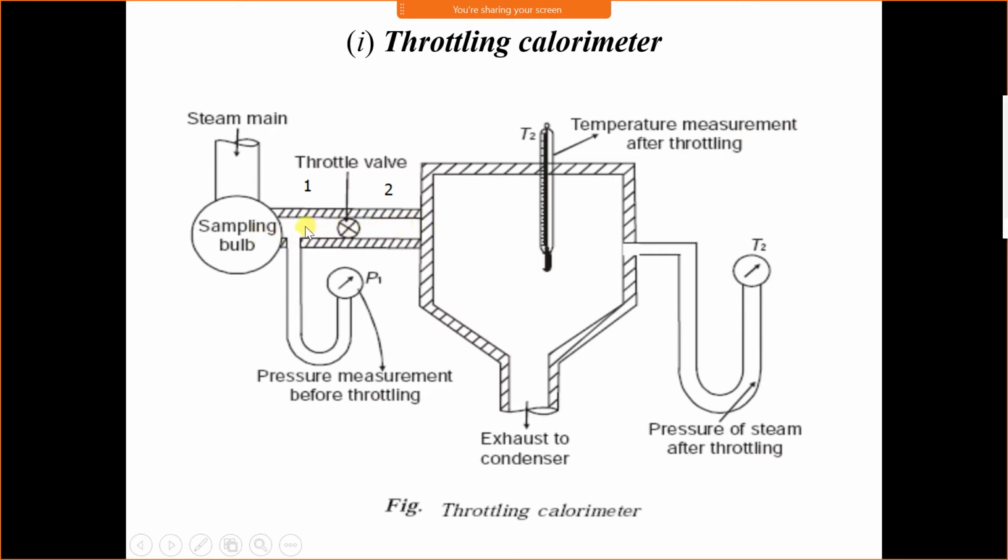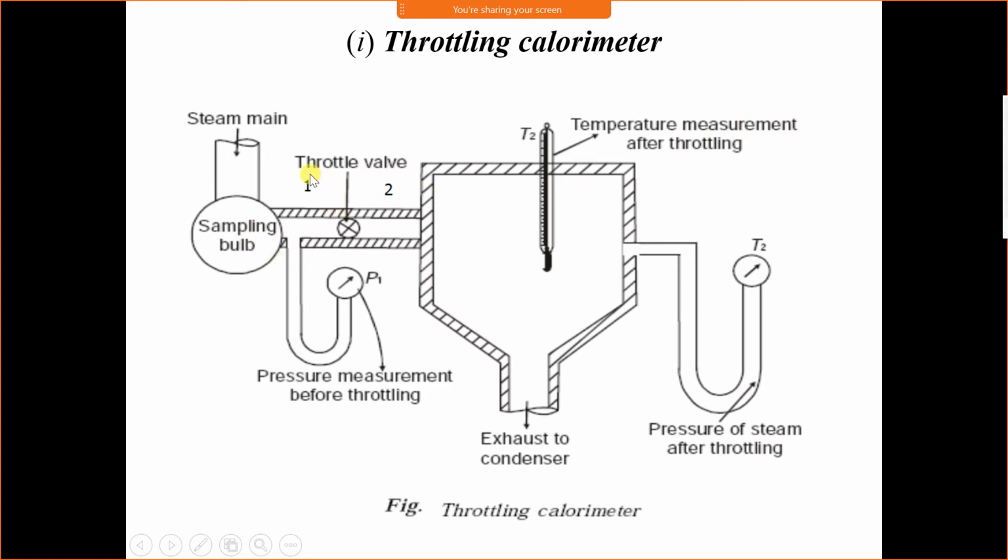When wet steam enters the throttle valve, the pressure decreases drastically. Because of the decrement in pressure, wet steam evaporates completely and it becomes superheated vapor. Before the throttle valve is region 1, and after the throttle valve is region 2.